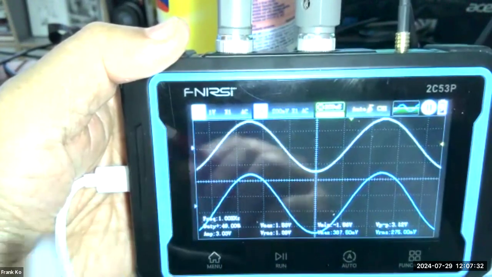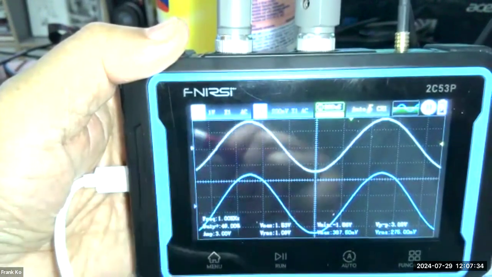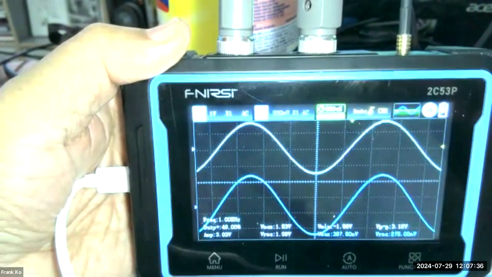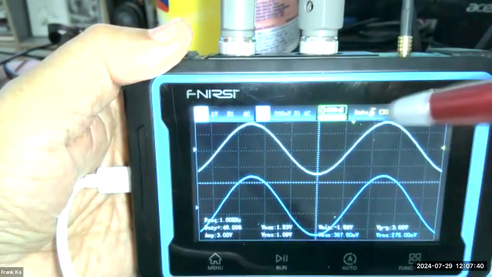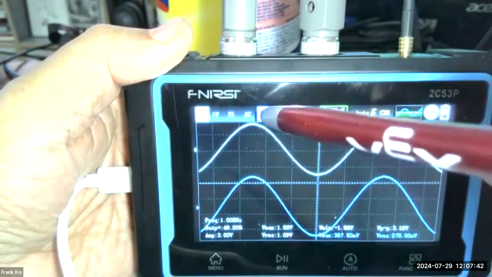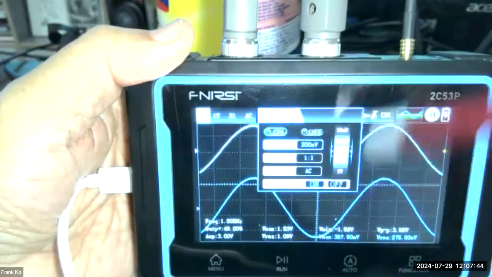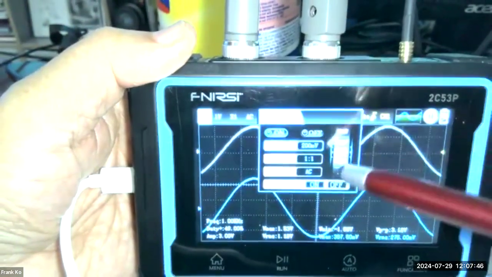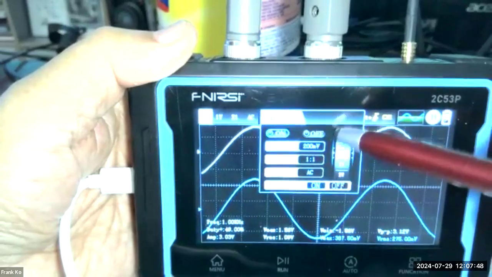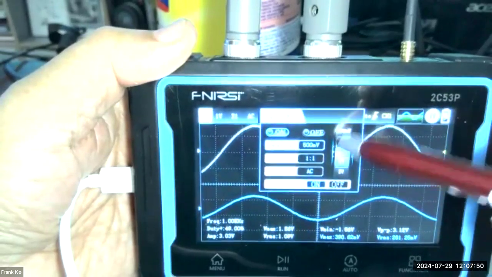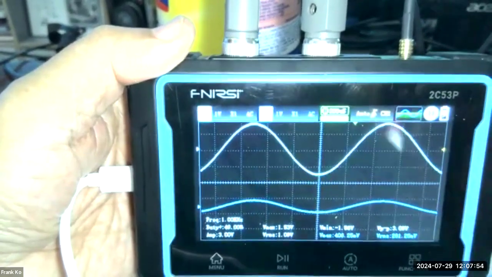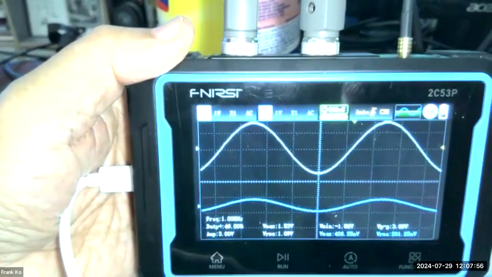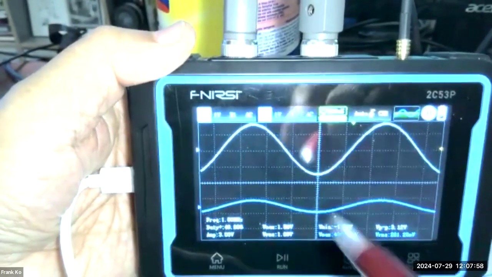I happen to have the channel 1 on a 1-volt scale, and I happen to have channel 2 on 200 millivolts. So if I were to change them to be the same scale, I'll touch channel 2, and then I can adjust the scale here. So let's make this 0.5 volt. Let's make this 1 volt. So both of these are now at 1 volt, both set at 1 volt per division.